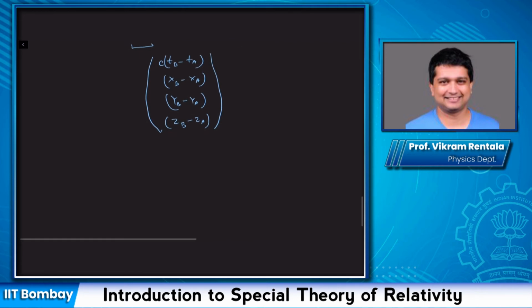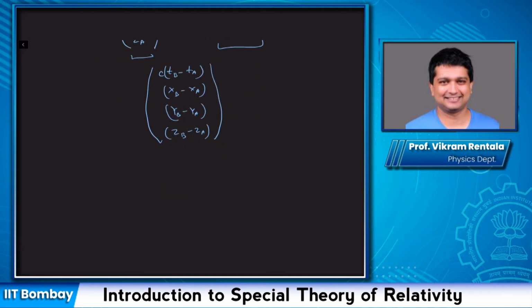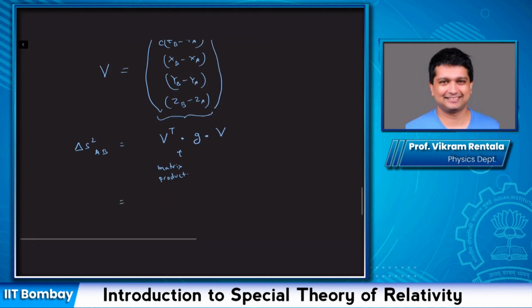And then finally, if we want to construct the space-time interval between the points A and B, let's call this a column vector V. So the space-time interval between A and B would be given by V transpose, that is, we make this a row vector, dot G, where this is matrix product, dot V. Okay, this would give us the space-time interval between the points A and B, and you can check that this would just be c squared (tB minus tA) squared minus (xB minus xA) squared minus (yB minus yA) squared minus (zB minus zA) squared.